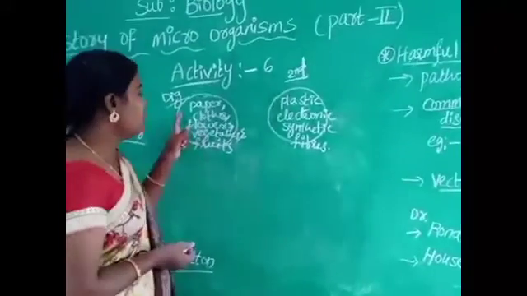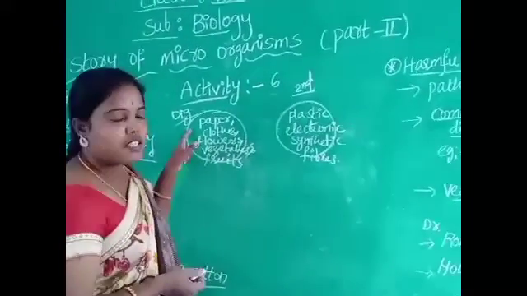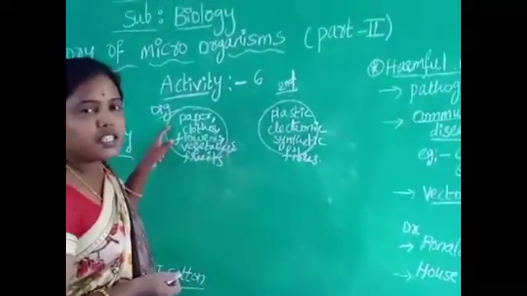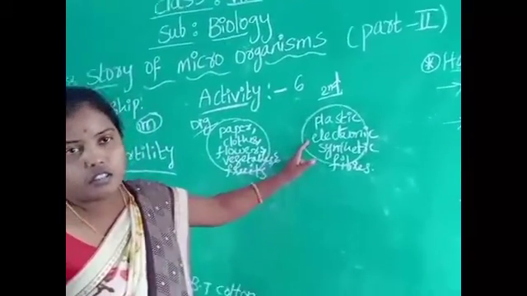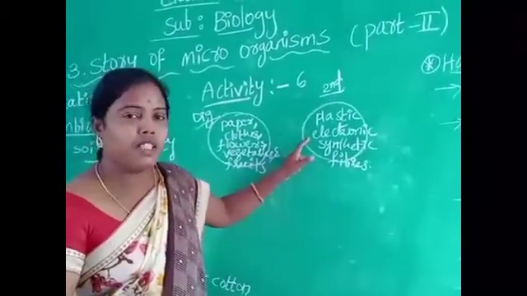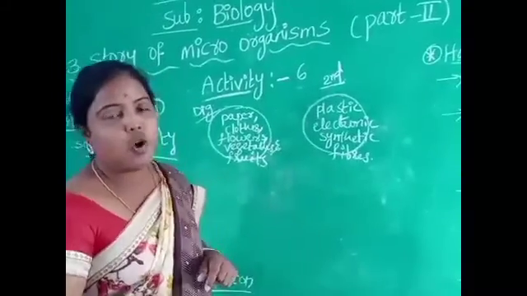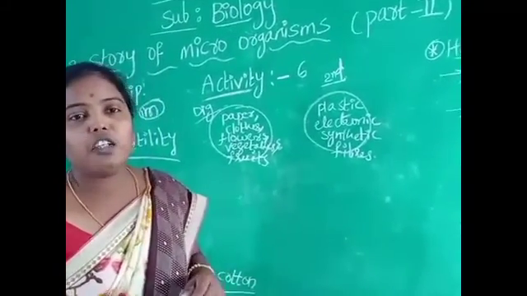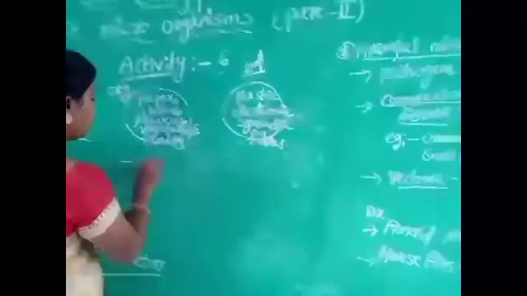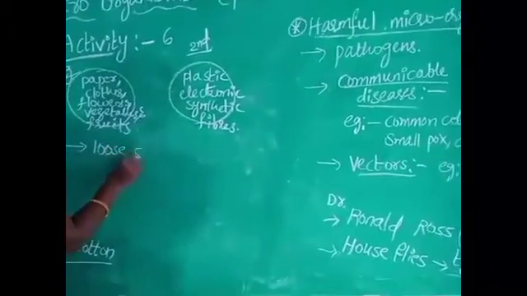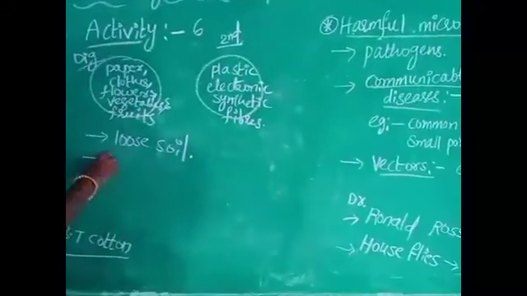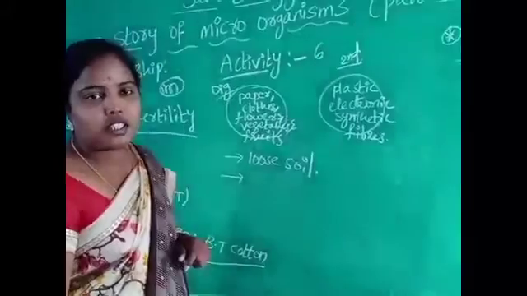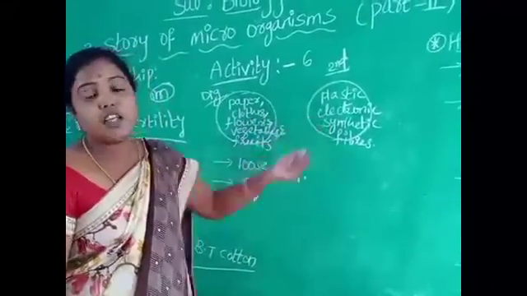So dig 2 holes in your garden. In the first hole, you put biological waste materials, and in the second hole you put synthetic waste materials. Then cover the digs with loose soil. Every day you have to pour water on the 2 digs equally.